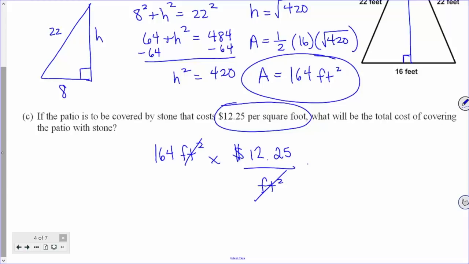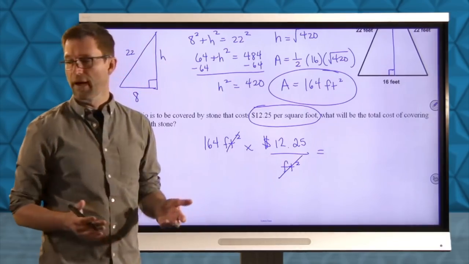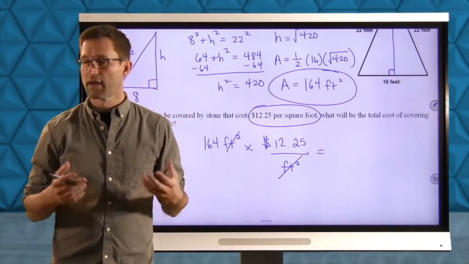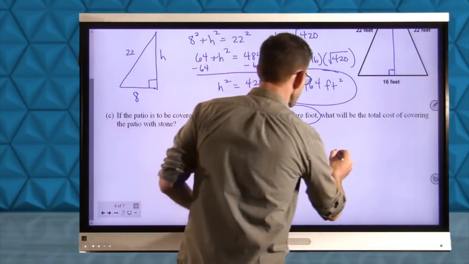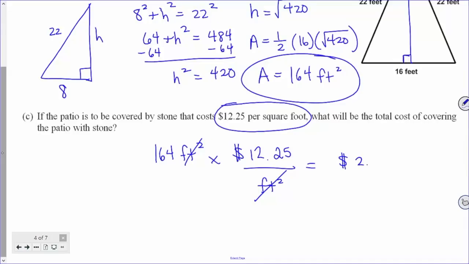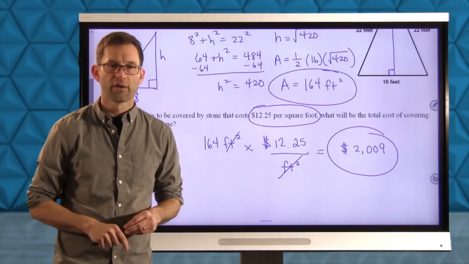Those square feet cancel. This is just an issue of evaluating it on your calculator, so I'm not going to go there, to save ourselves a little bit of time. What I found was that it was $2,009.